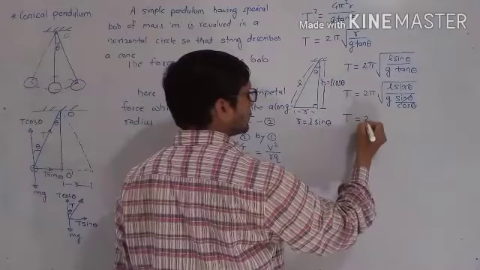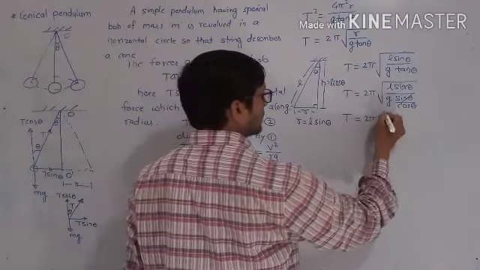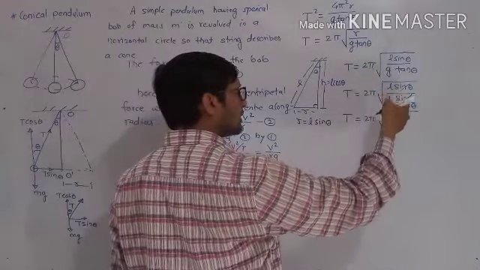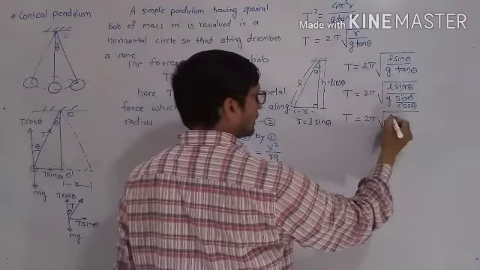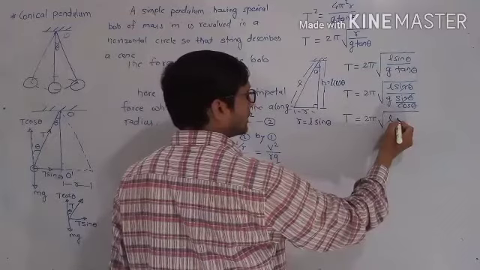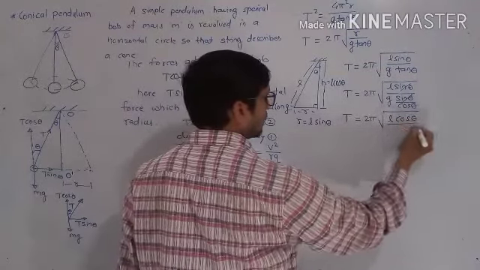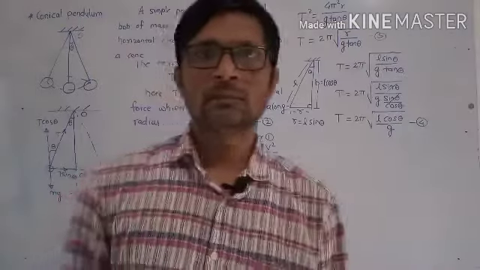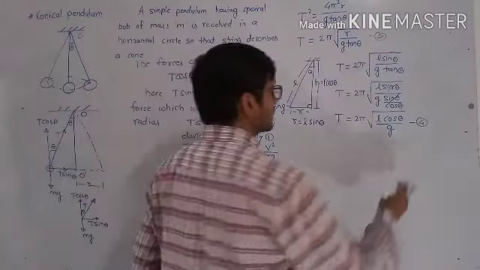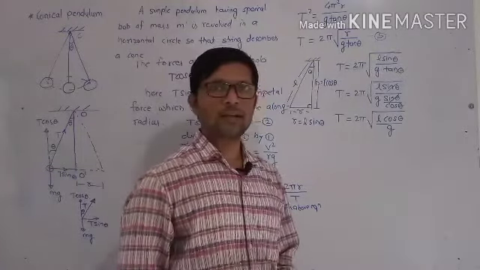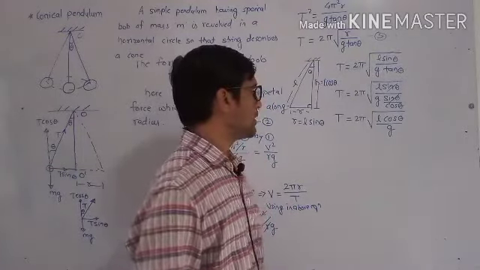Therefore T is equal to 2 pi under root L cos theta upon g.